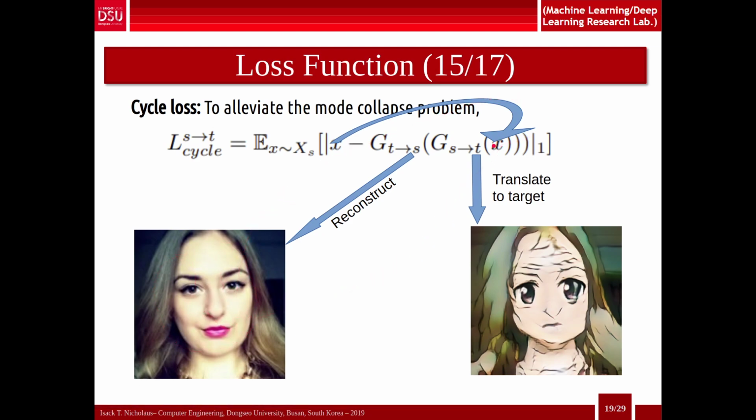We feed it here, then we translate it from this source domain to this target domain, and then after getting this we feed it to this generator again and try to recreate or reconstruct this human face over here.